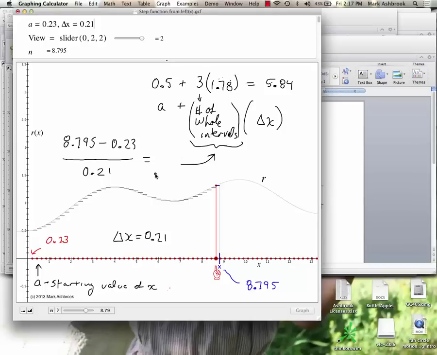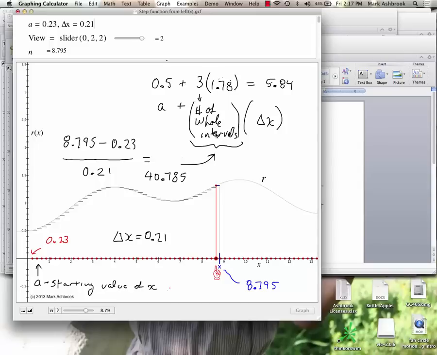Someone give me a number. 40.785. So what will this be? 40. So we can take the whole length, which is x minus the starting value, divide it by 0.21 to get how many chunks. But that's going to have the extra little bit that we don't want. So that would be 40. So we need a mechanism that gives us the greatest whole value less than the number we have.